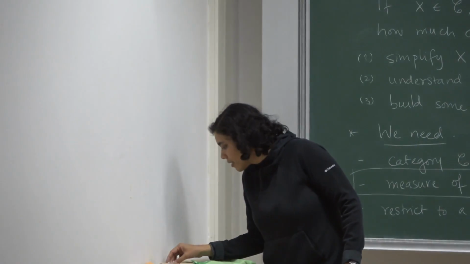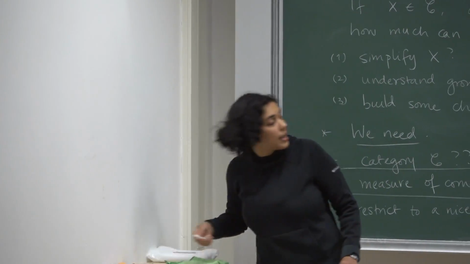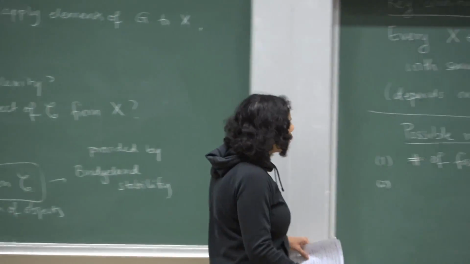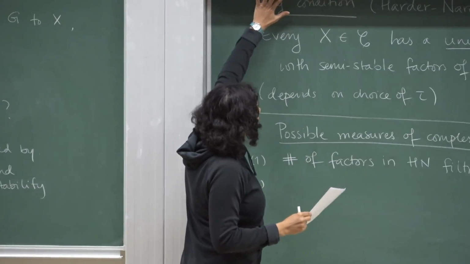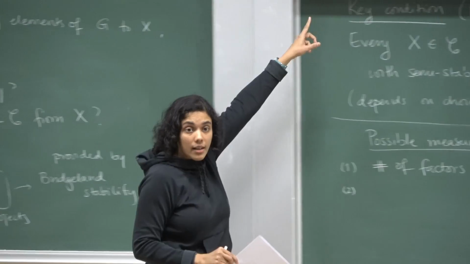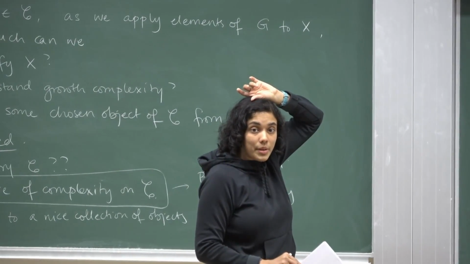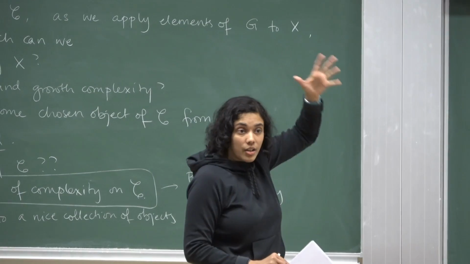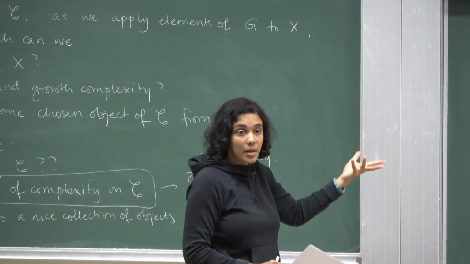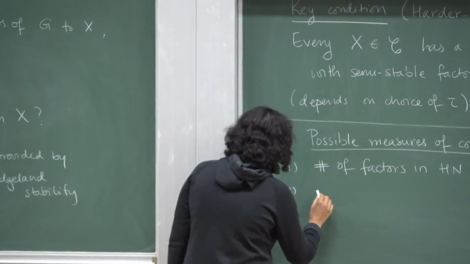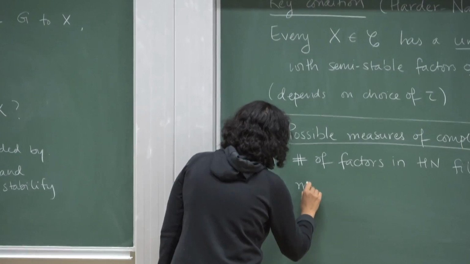I mentioned that every semi-stable object has these two numbers attached to it, the mass and the phase, and they're real numbers. So you can start adding up some of these real numbers in various ways to get a real number as a measure of complexity. So what you can do is you could consider the mass.